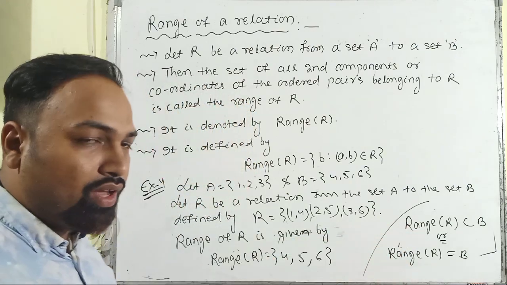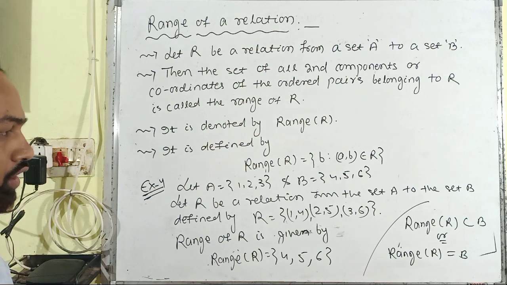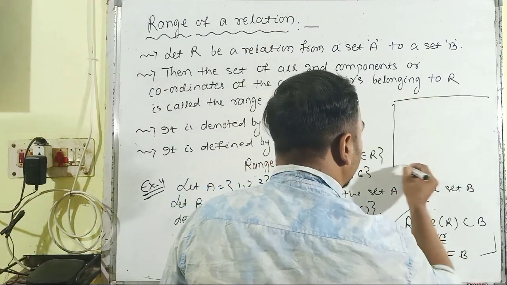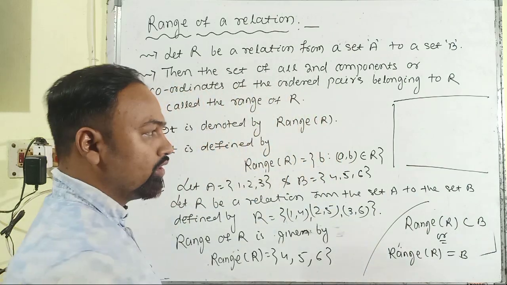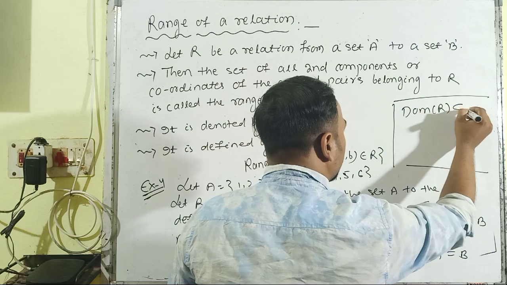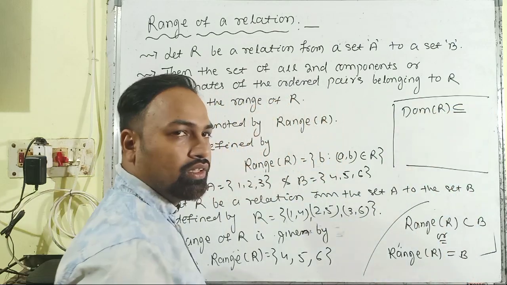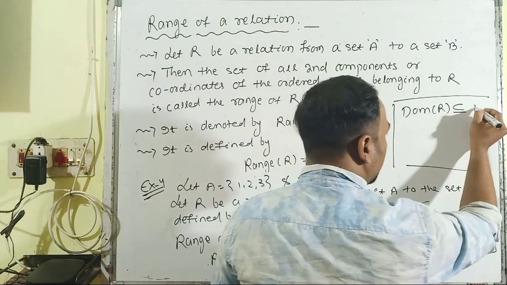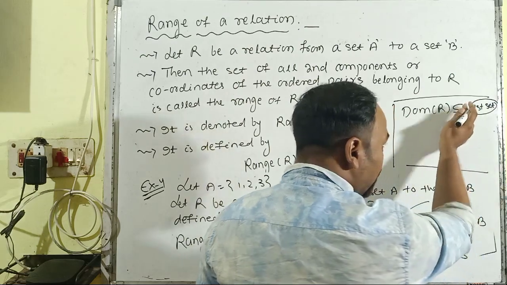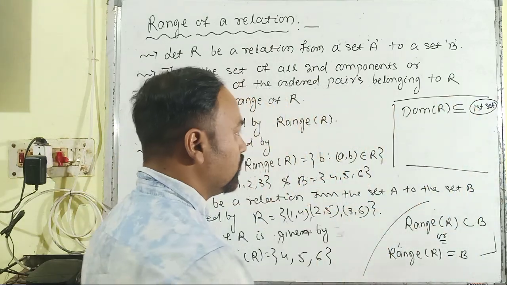Either case can happen. So whenever the question asks that the domain of the relation is a subset of, you have to write down the first set. Either it is a subset or it is equal to.